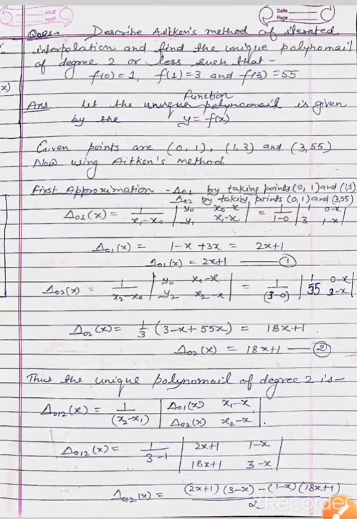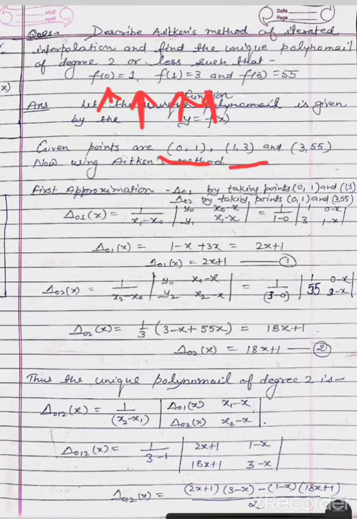So we can see here the given points are: x equals 0 and y equals 1, the second point is x equals 1 and y equals 3, and the third point is x equals 3 and y equals 55. Here we have considered the function f(x) equals y.